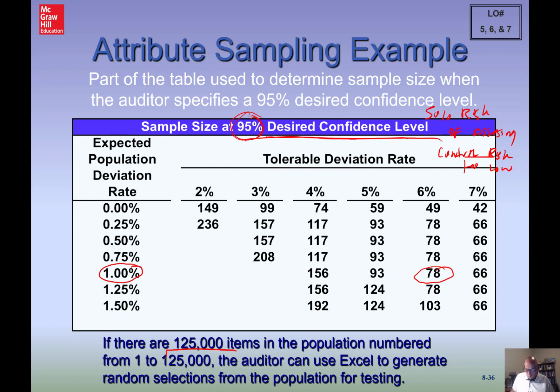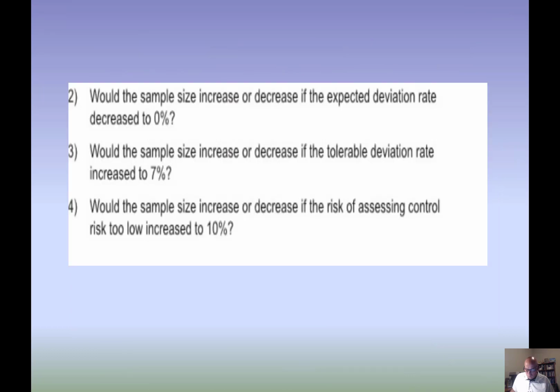Now take a look. They put the arrows in for us, but what would the sample size do, increase or decrease, if the expected deviation rate decreased to 0? Think about it. Sample size is going to decrease, because there is a direct relationship.